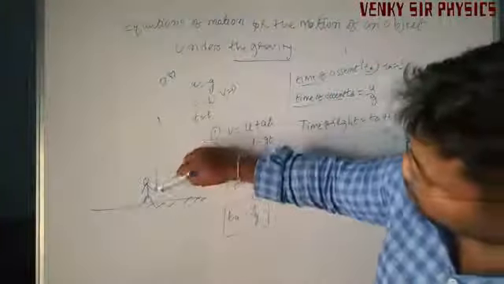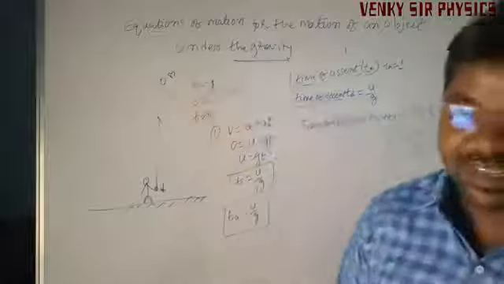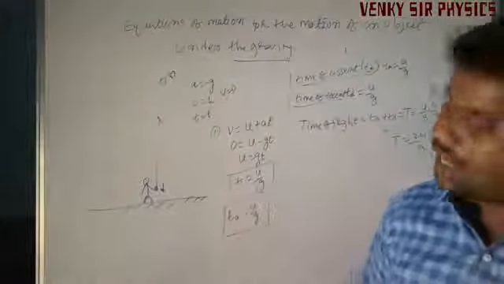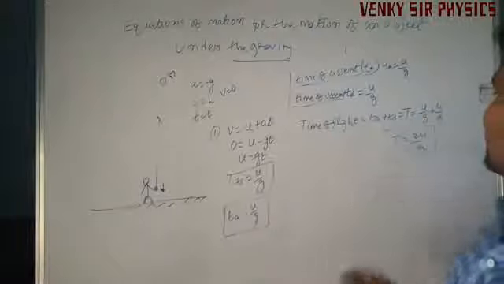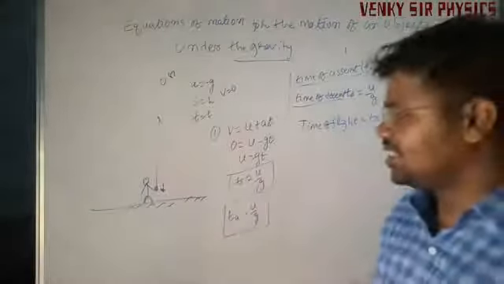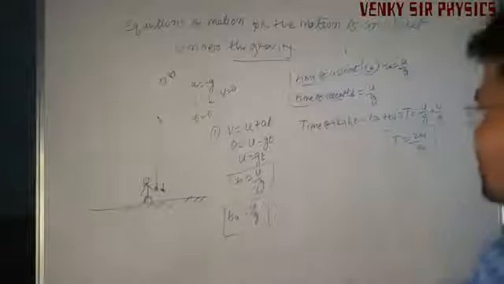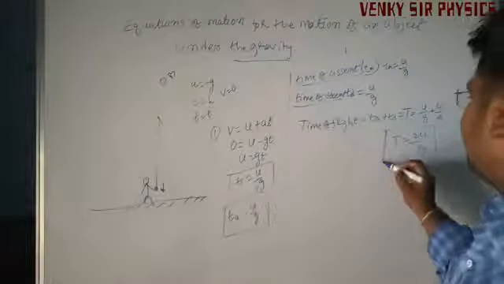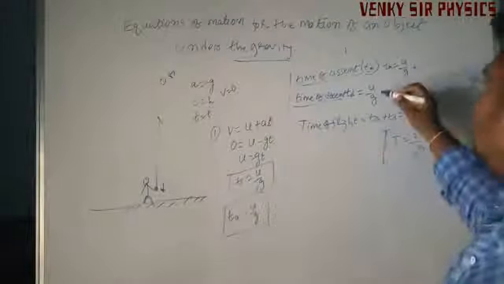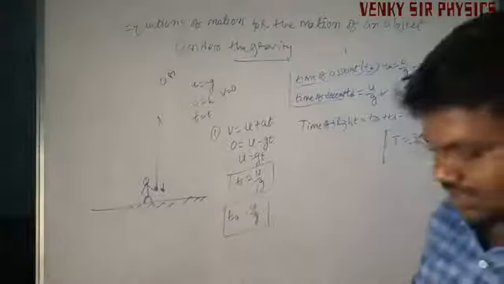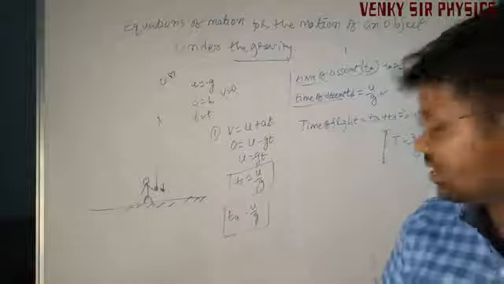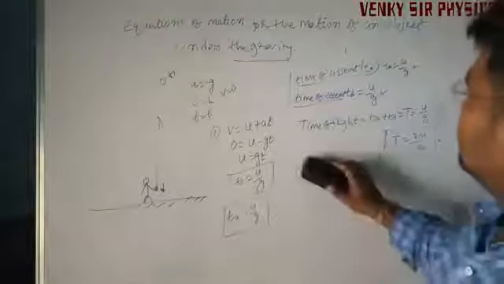From A to B and B to A, that time we can say time of flight, or total time taken by a particle to reach the same position. This formula is very important: time of ascent, time of descent, time of flight.